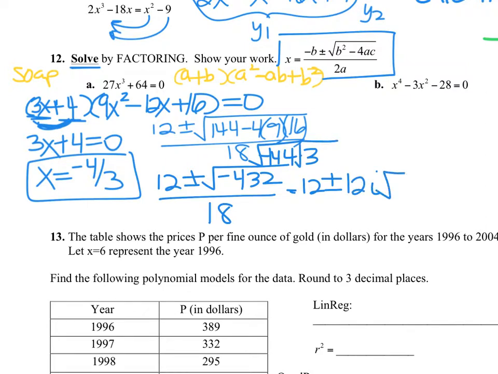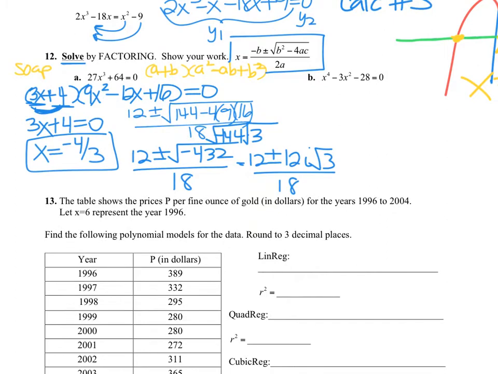And the square root of 3 stays square root of 3 over 18. And then we have one last thing to do. Divide everybody by 6. I heard someone say it. Divide everybody by 6. 6 goes into 12 twice. Twice, ooh, I forgot the i. And then 6 goes into 18 3 times.